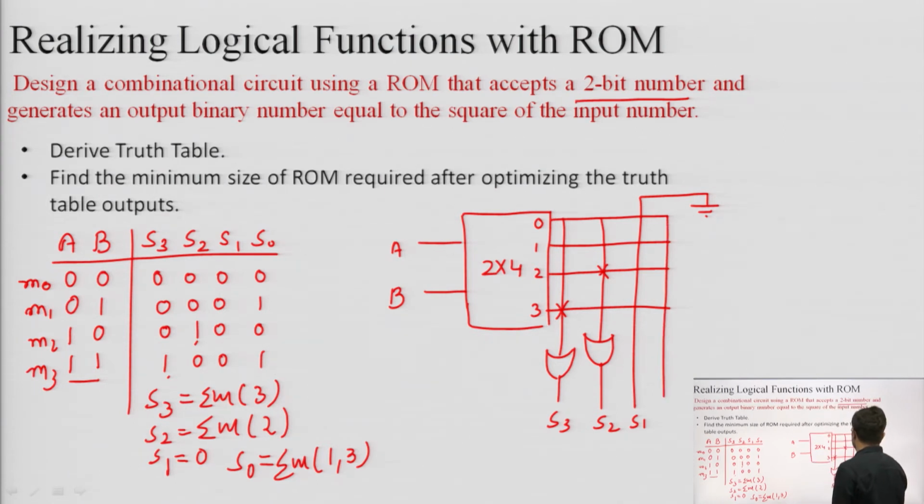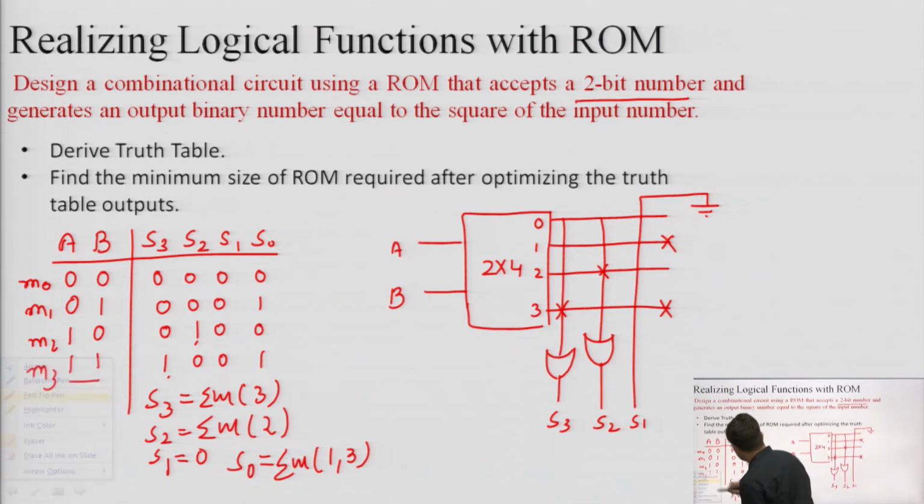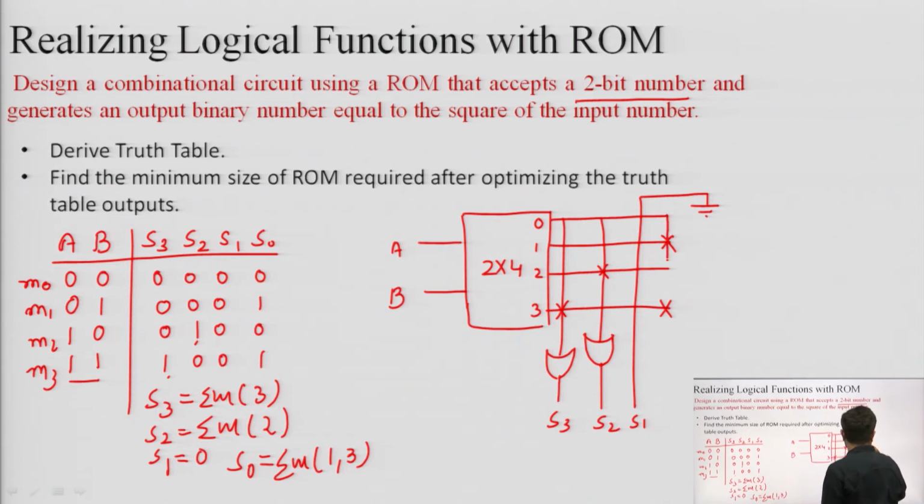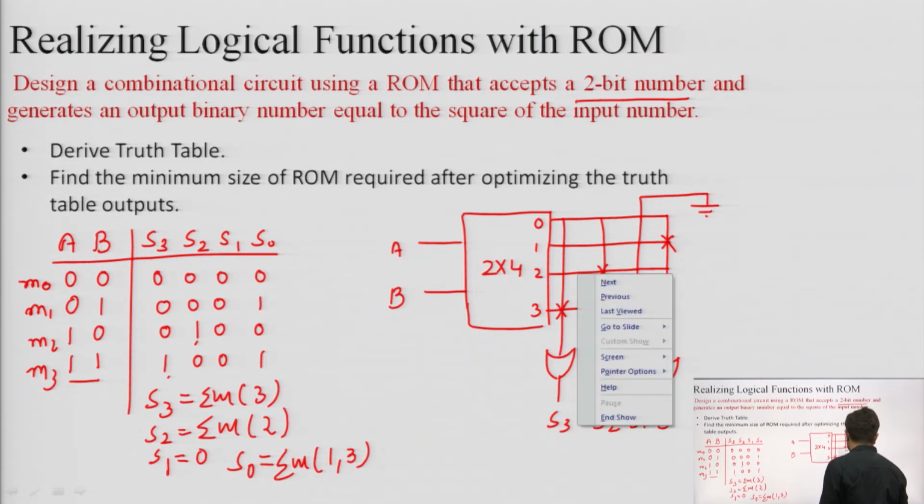We have to erase this actually because this wire has become a bit long. So, this will be your S0.